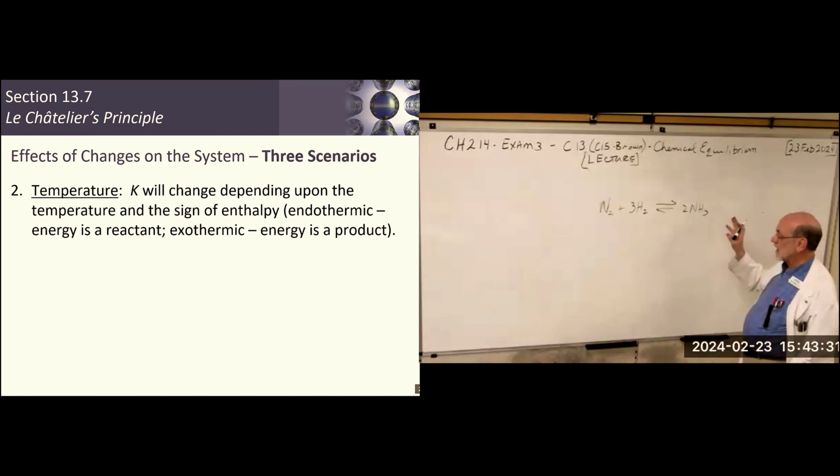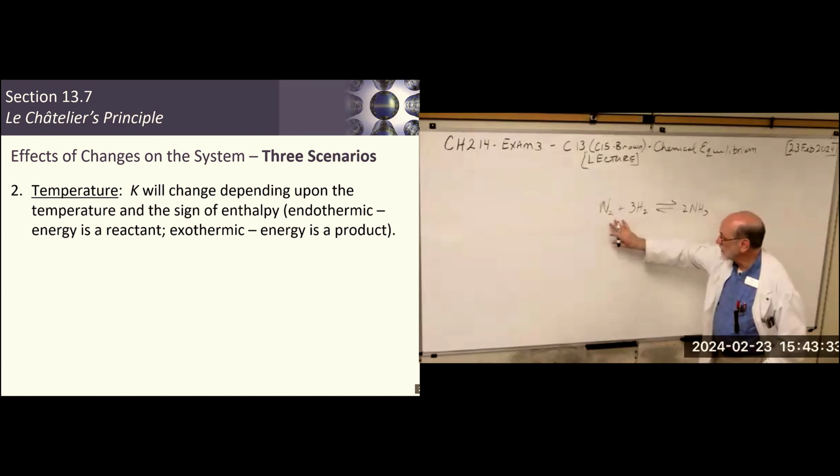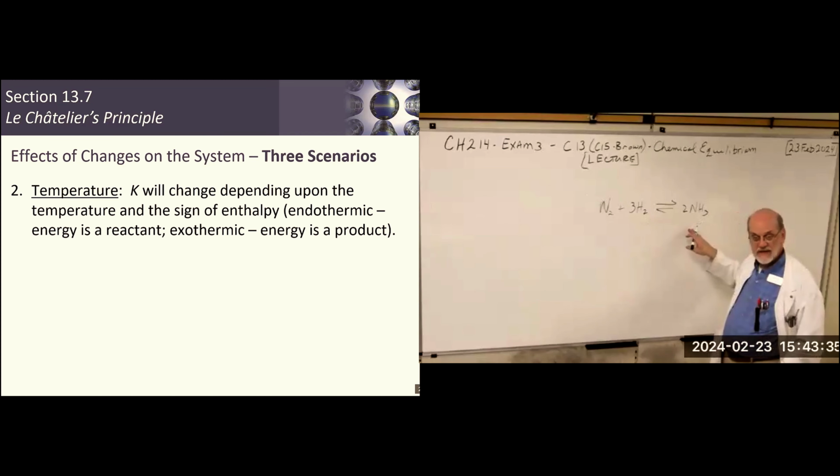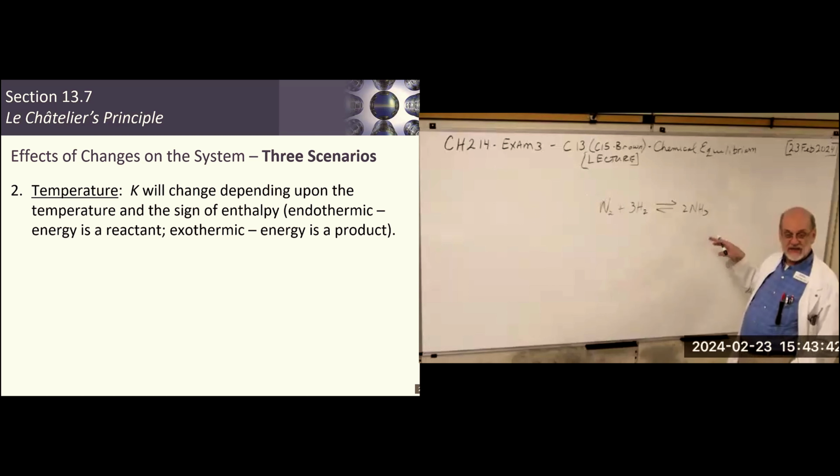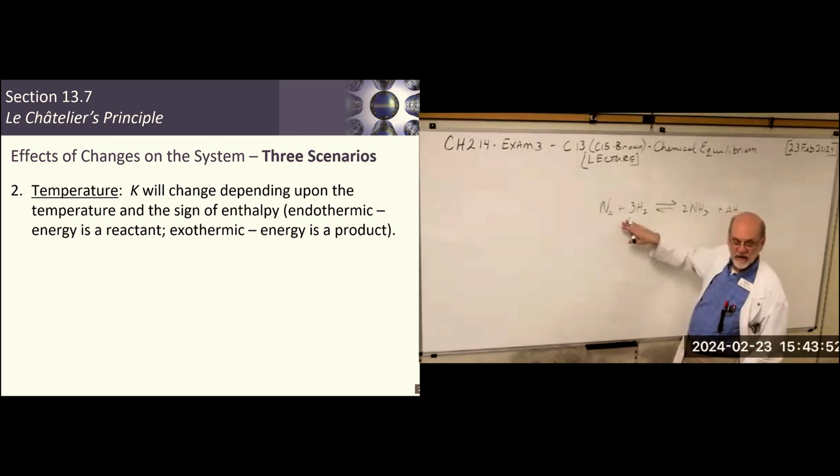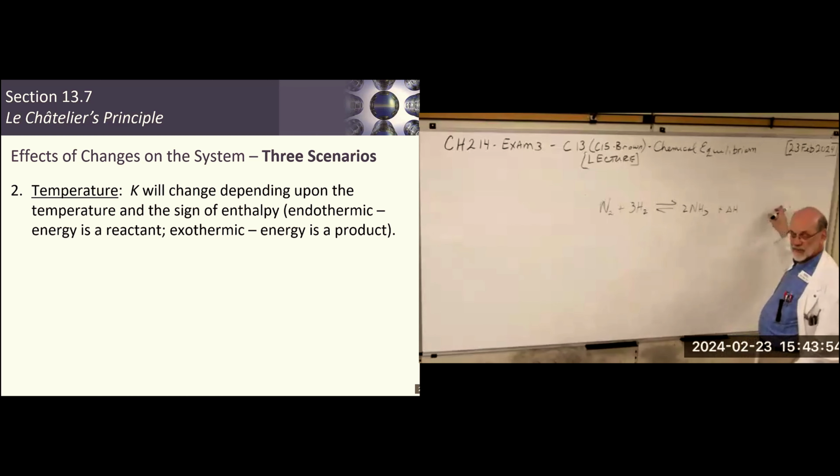That means that as you go from reactants to products, you give up heat. And the way I like to approach it is to put the heat in as a term, either a reactant or a product. If it's exothermic, then the heat ends up over here, right? It's stored over here somewhere. And when you react, you give it up.